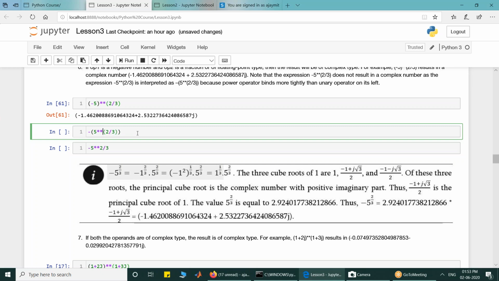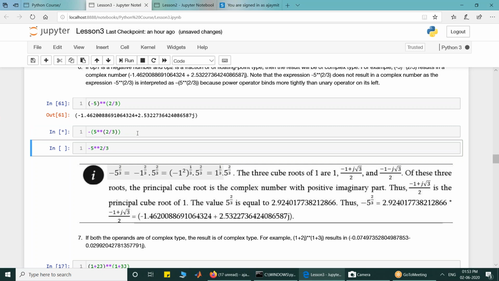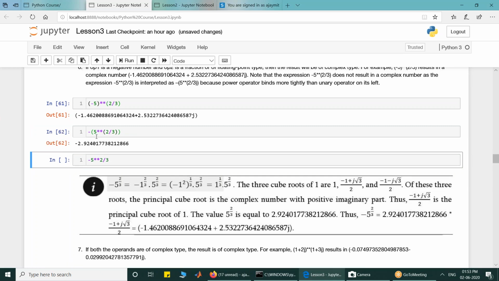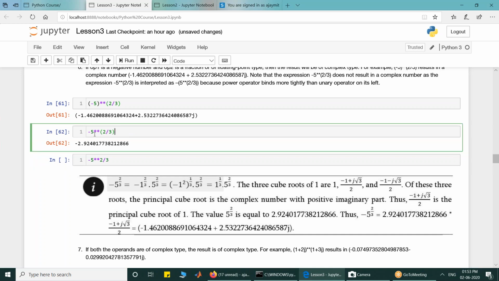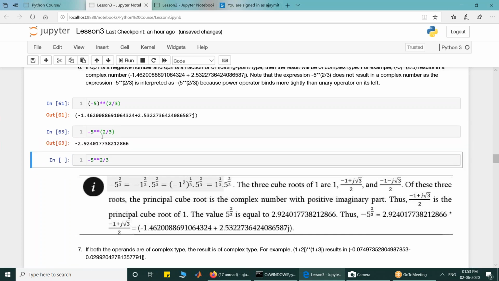And 5 raised to power 2 by 3, which is an integer raised to some fraction, 0.66, comes out to be a floating point number, and that would be converted into a negative floating point number. So this comes out to be this. Okay, so if I don't parenthesize it even, we should get the same output. So this would not lead to a complex number.